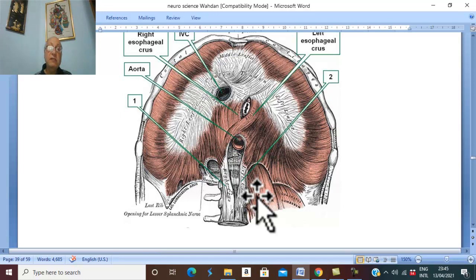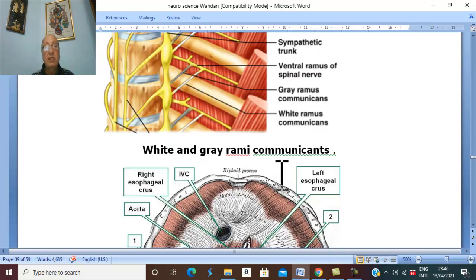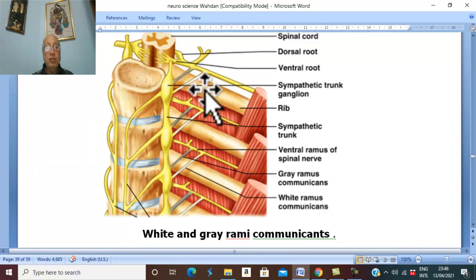What are the branches of the sympathetic chain? Branches of the sympathetic chain can be classified into lateral branches and medial branches. This is the sympathetic chain on the side of the body of the vertebrae, and this is the intervertebral disc.